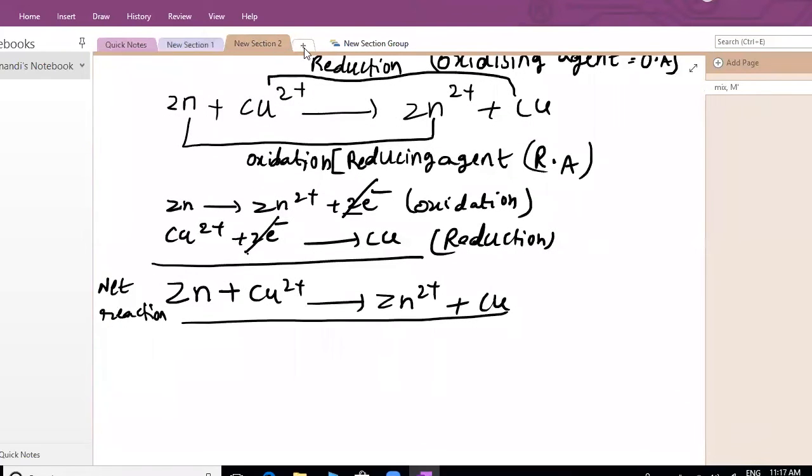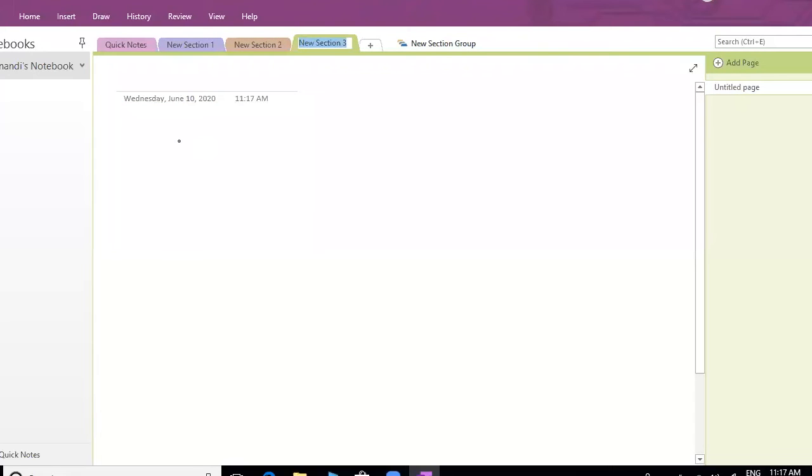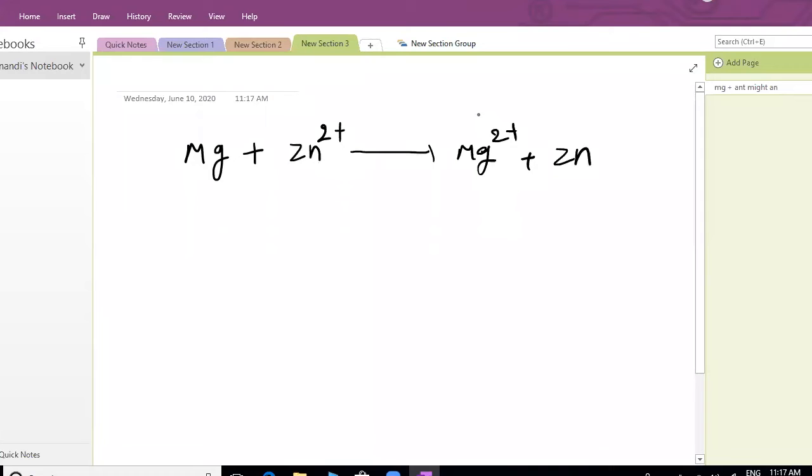Okay, I will take one more example. Please find oxidation, reduction, oxidizing agent, reducing agent.